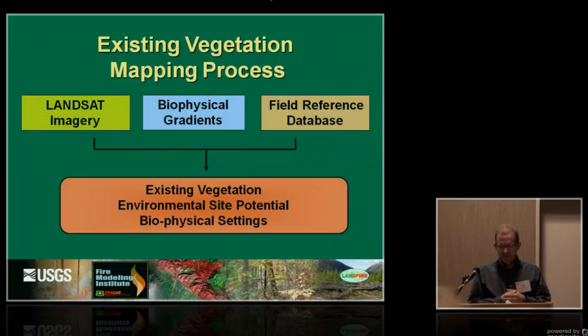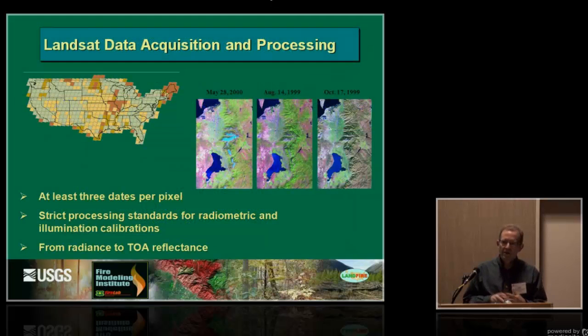The basic ingredients to all that mapping are Landsat imagery, biophysical gradients of all kinds, topographic data, and the reference data. Now this really applies to the existing vegetation. Obviously Landsat imagery is giving you that vegetation signal. And that came from the MRLC circa 01, three seasons for every pixel through a date range of actually 99 to 2003: leaf on, leaf off, and a spring scene.